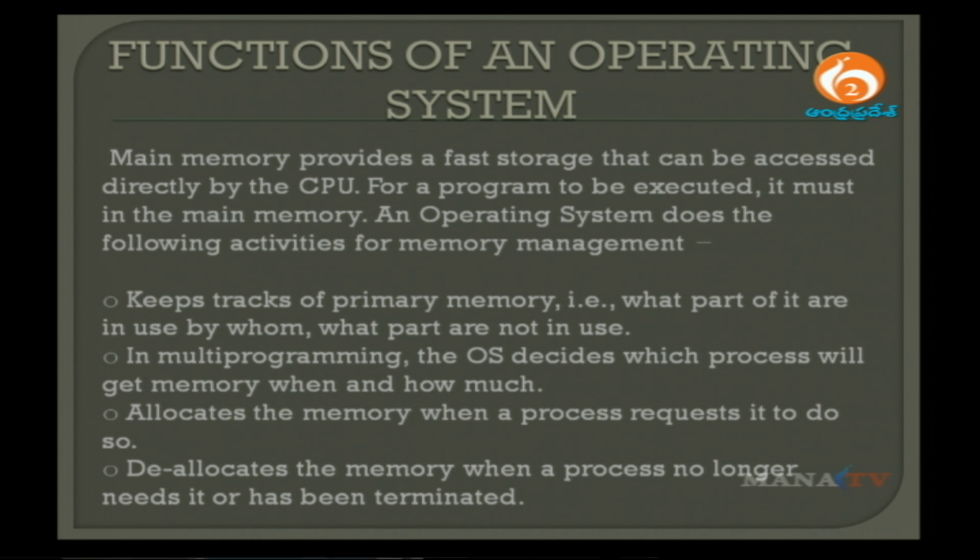An operating system does the following activities for memory management. It keeps track of primary memory, that means what parts of it are in use by whom, and what parts are not in use.